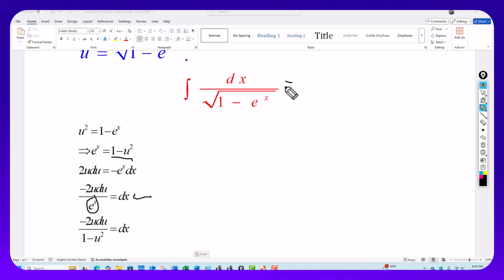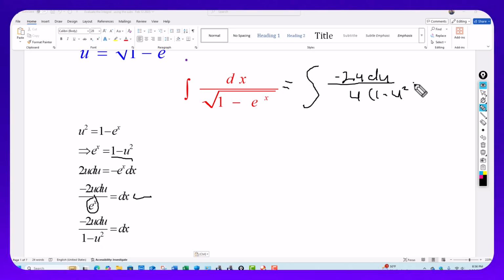So with that, we can come over here then, make the substitution. So dx gives me a minus 2u du. And then the square root of 1 minus e to the x, like we said, this is the u. And then this part in the bottom here of the dx, that's e to the x, and that gets replaced by 1 minus u squared.